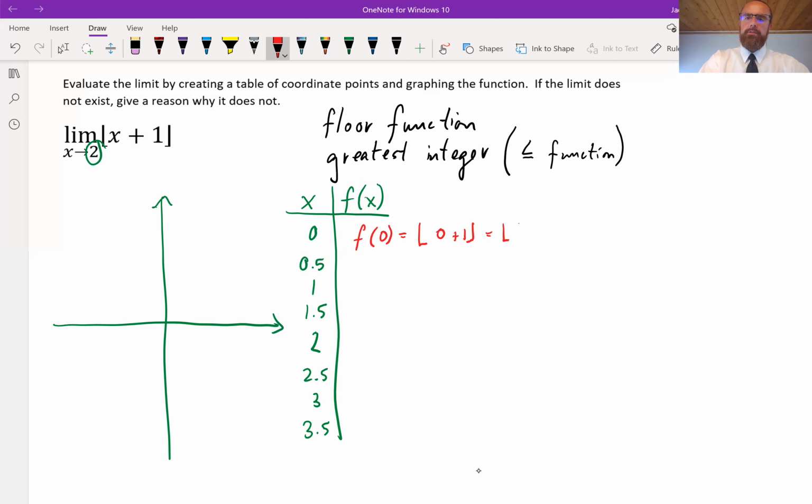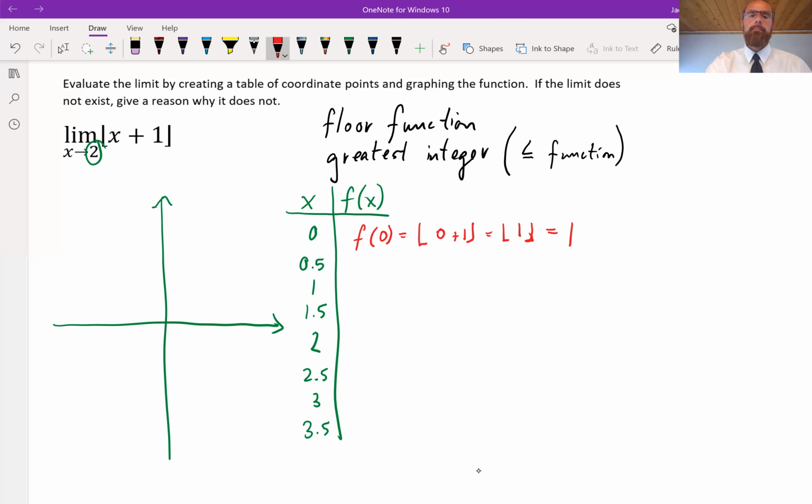So our function value there simplified to 1. So we got to ask ourselves, what's the greatest integer that's less than or equal to 1? Well, 1 itself. So this equals 1. Now let's see what happens when we've got a decimal.